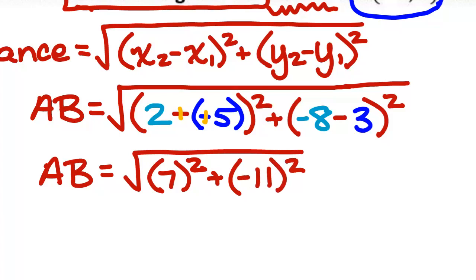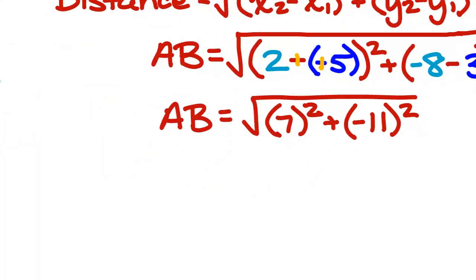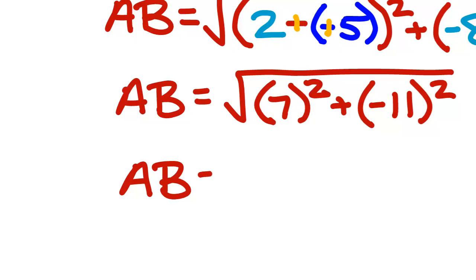And so now this is what I pop into my calculator. Before you hit the back and forth arrows, does it give you a radical or a decimal?